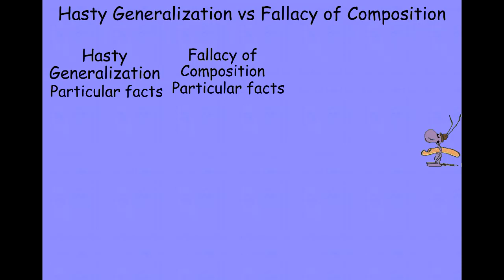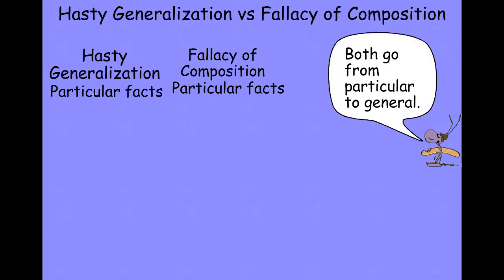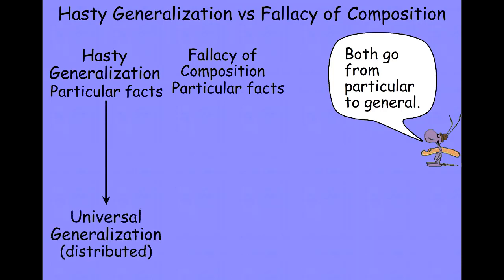However, when we look at their conclusions, as they go from those particular facts to their general statements, hasty generalization ends with a universal generalization, a distributive predication. This crow is black, this crow is black, this crow is black, all crows are black. Every individual crow has that property of being black, distributed predication.